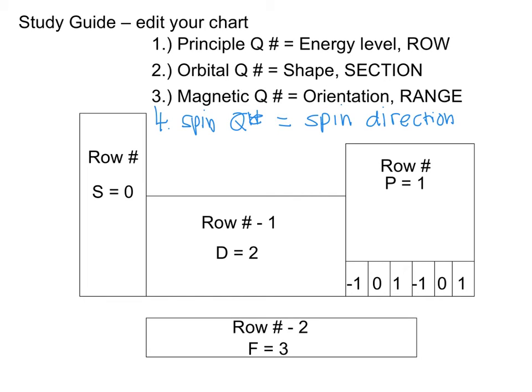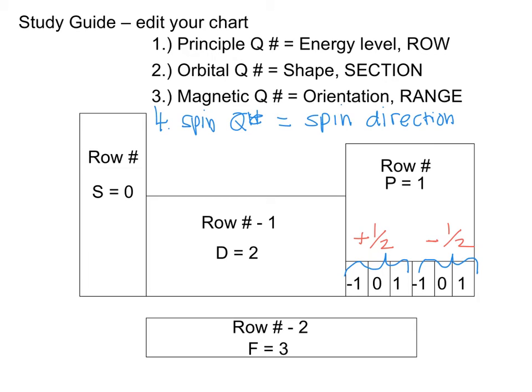Here's the deal. When you're doing the quantum numbers, you count through a range once, and then you count through a range again. So the first time you count through that range, your quantum number is going to be positive 1/2 for the fourth quantum number. And then the second time, it's going to be negative 1/2 for the quantum number.